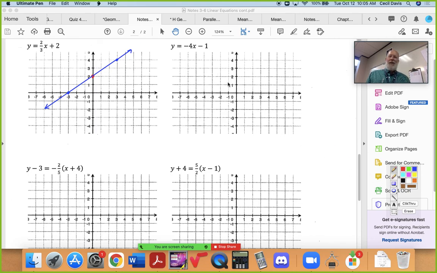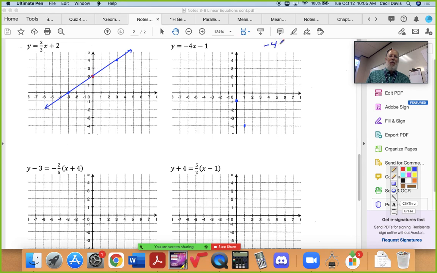For this next one, it's the same. It's still in slope-intercept form. The y-intercept this time, though, is negative 1. And the slope is negative 4. Does that mean I just go down 4? What do I do? Go down 4 and to the right 1.